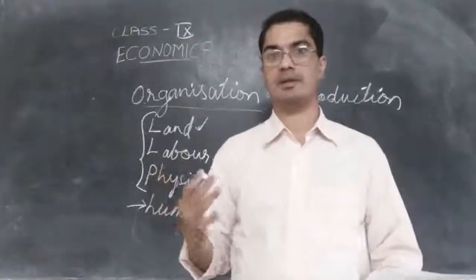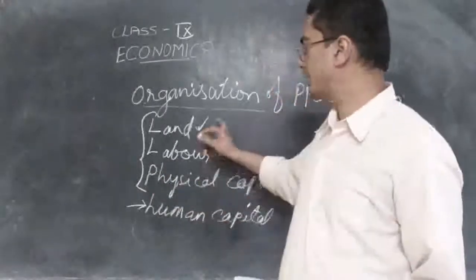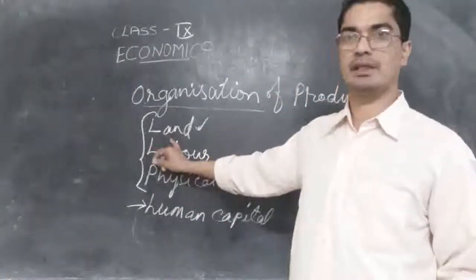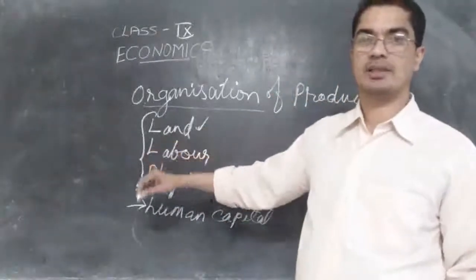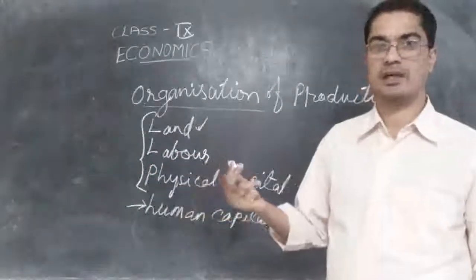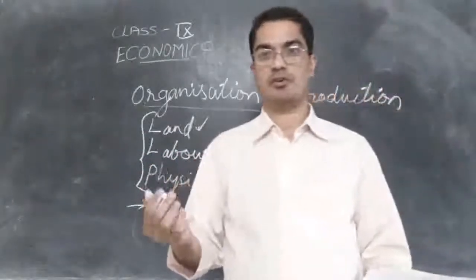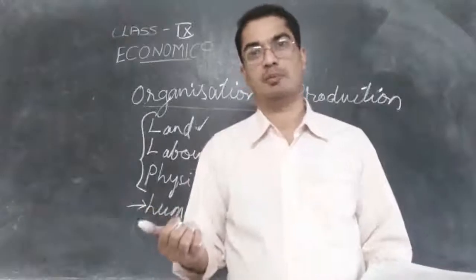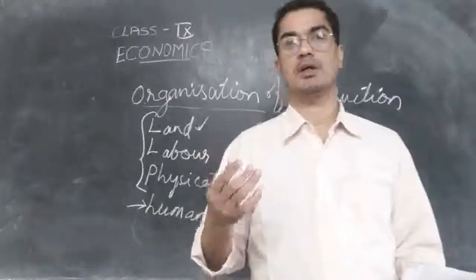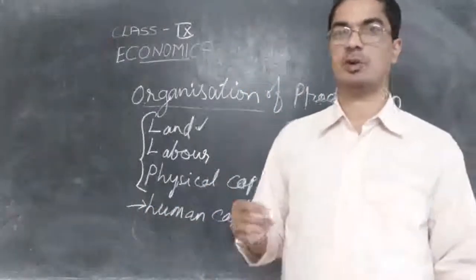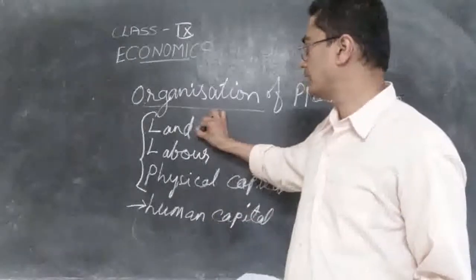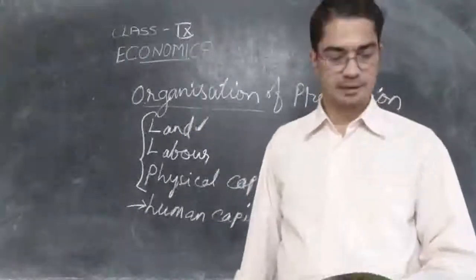So all that comes under land. When we say land, we mean all that is coming from the land: the water, the forest, trees, the minerals that are dug out from the mine, out from the earth. All that comes under the point land.